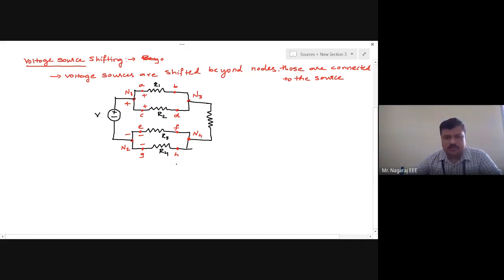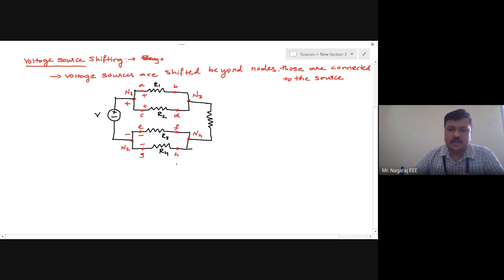Now, when I want to shift this voltage source, say beyond N1, first we'll check what happens beyond N1, then we'll check what happens beyond N2. If I want to shift this voltage source beyond N1, the potential of terminal A of R1 and terminal C of R2 should remain the same. They should not change. Getting my point?